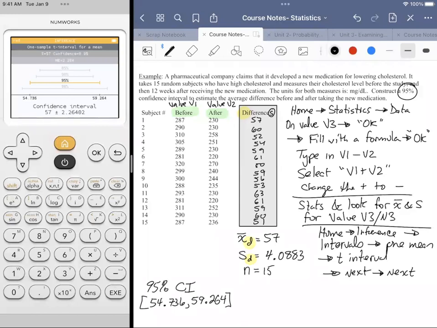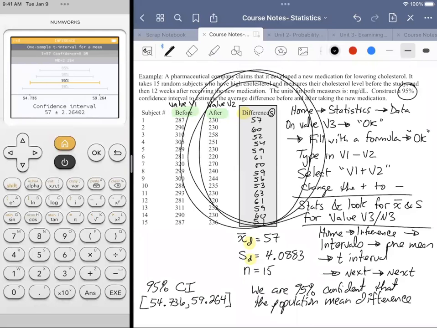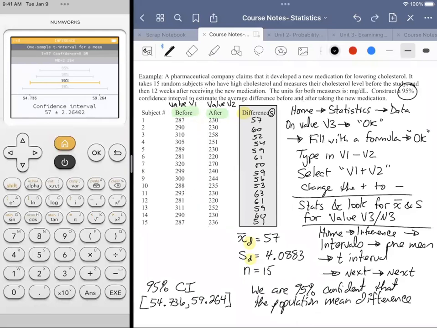And then we state our conclusion. All right, so we are 95% confident that the population mean difference. This is a key departure from what we just did. Difference, because we're not actually finding the population mean. This whole table here was to find the difference between the before and after values.